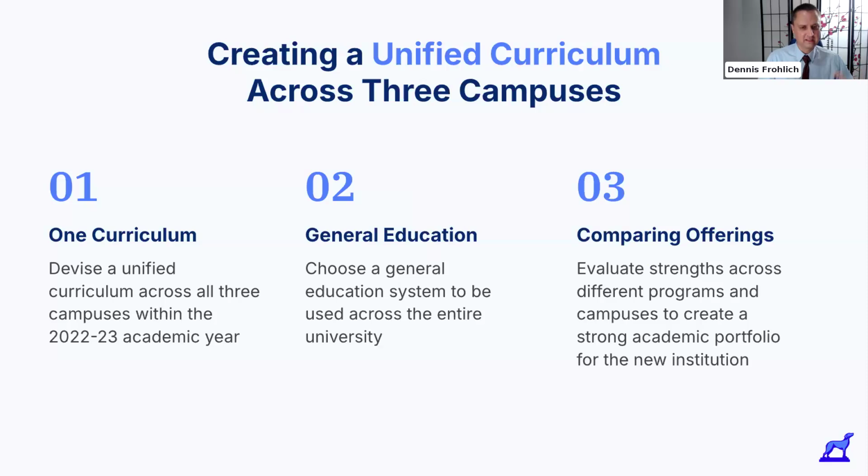There are a lot of things that go into the merger: coming up with a name, coming up with identity, administration, team, etc. What we're talking about today is the curriculum specifically.